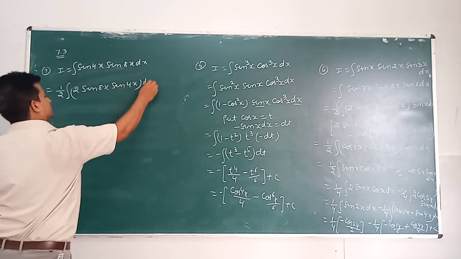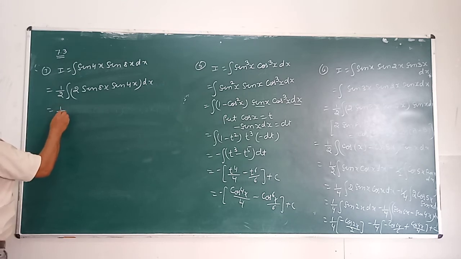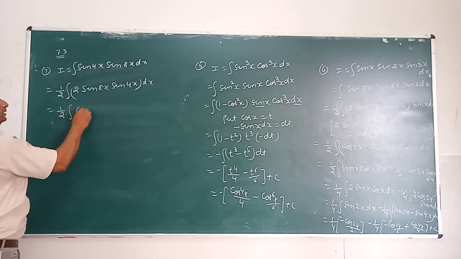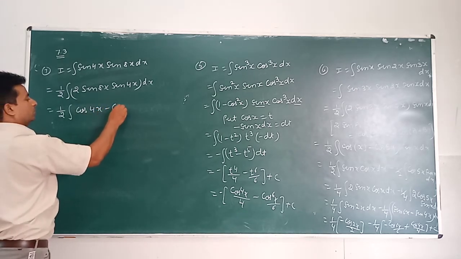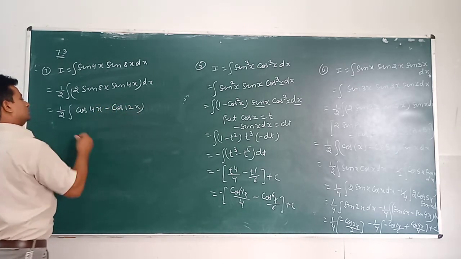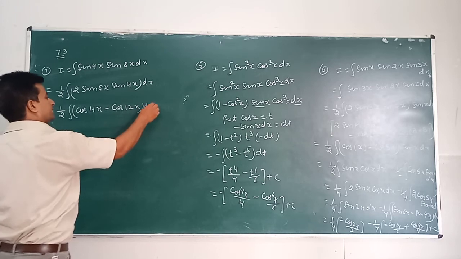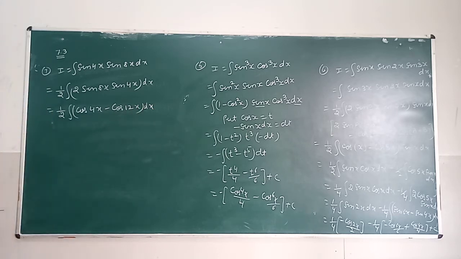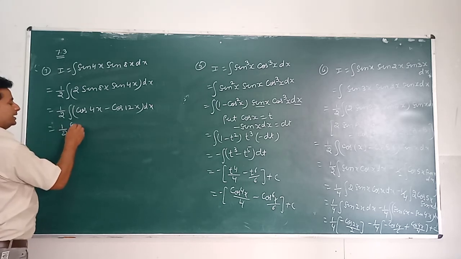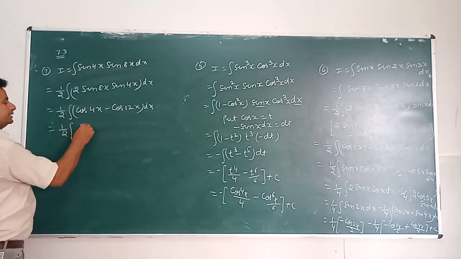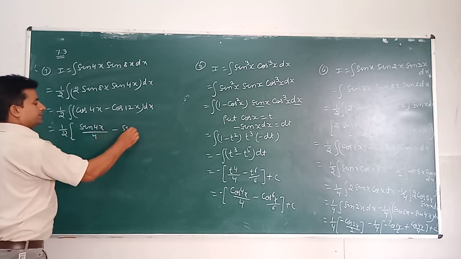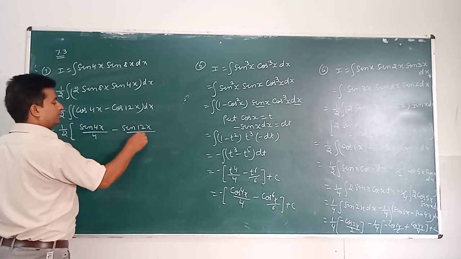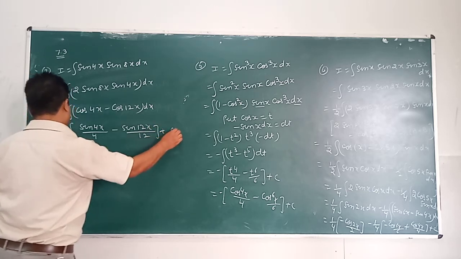Here we use the formula 2 sin a sin b, which is cos(a minus b) minus cos(a plus b). So a minus b is 8x minus 4x, which is 4x. A plus b is 8 plus 4, which is 12. So its integration is sin 4x by 4, minus sin 12x by 12 plus c.